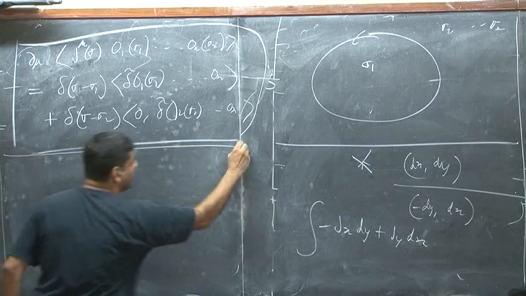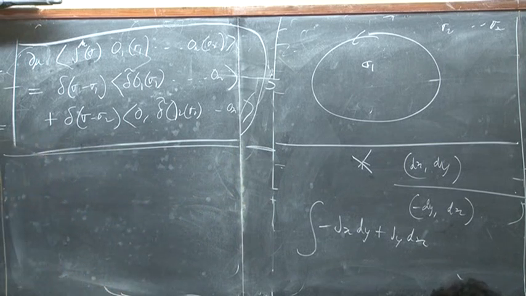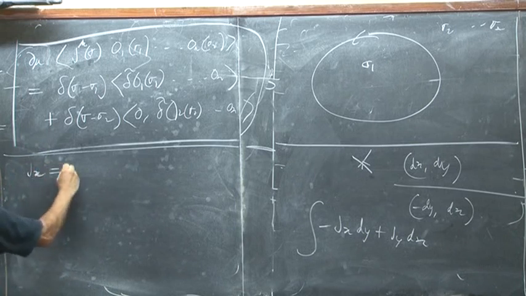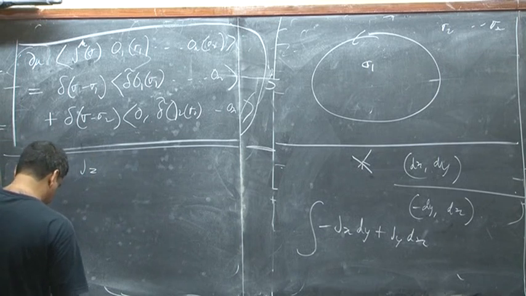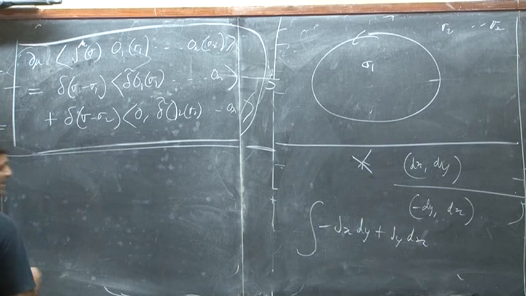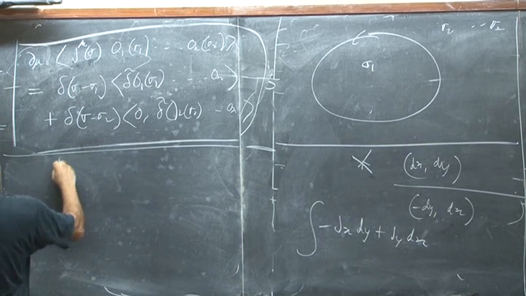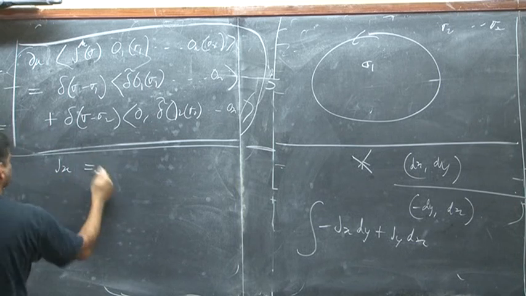Okay, so let's do that. There are many ways of doing it, but let's just do it brute force, just to make sure we get the numbers right. Okay, so Jx is equal to Jz. Oh God, this is lower than this is, right? I'm sorry. Okay, let's just do it. Jx goes like del x.